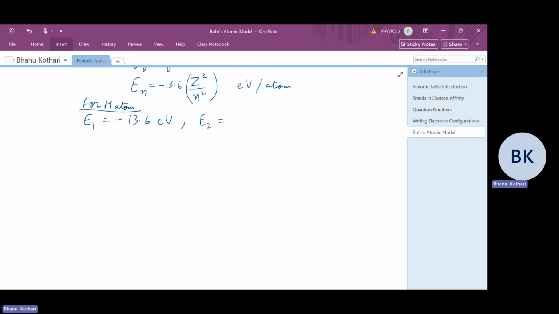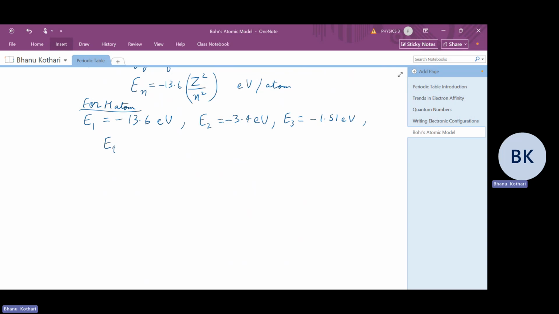So 13.6 divided by 4 will be minus 3.4 electron volts. The energy of the third orbit will be minus 13.6 into 1 square divided by 3 square. So minus 13.6 divided by 9 will be minus 1.51 electron volts.